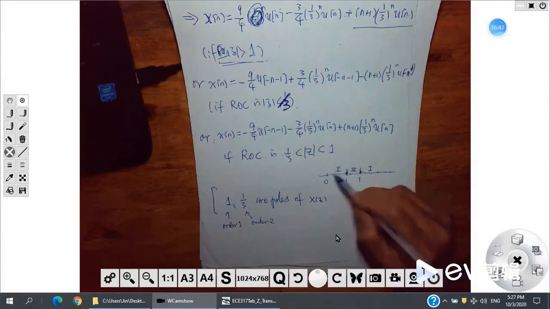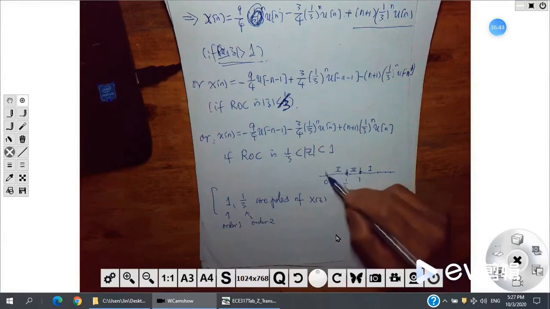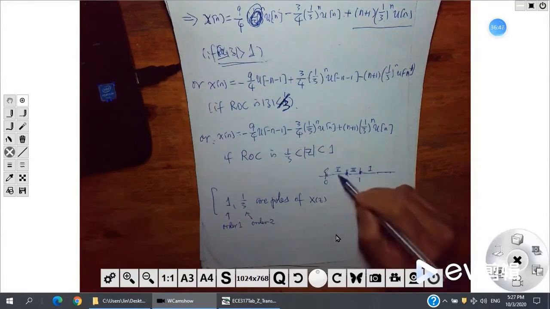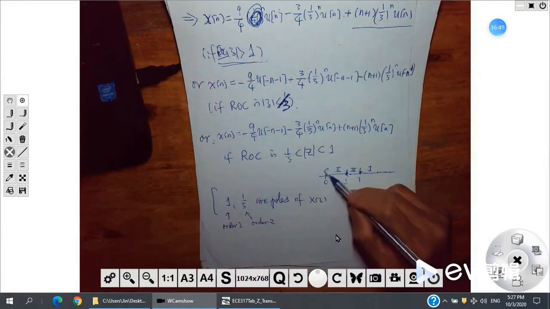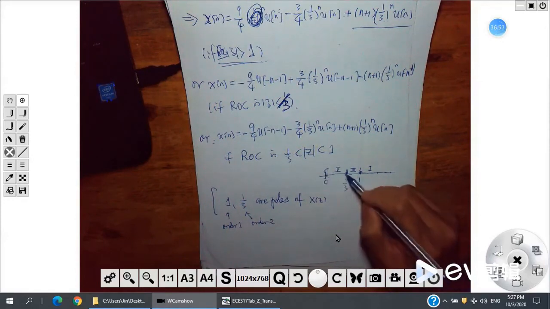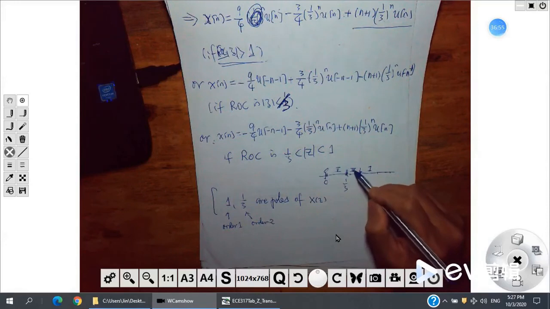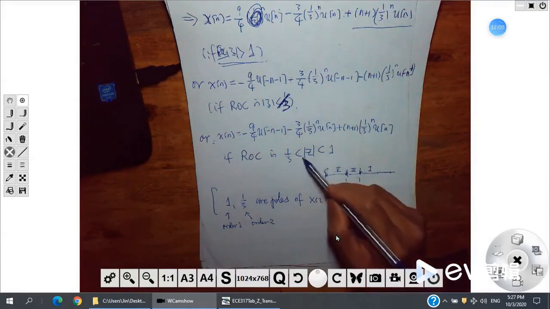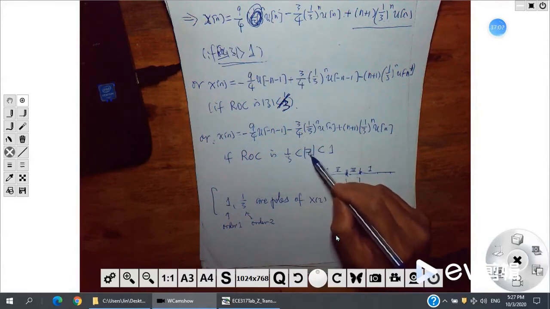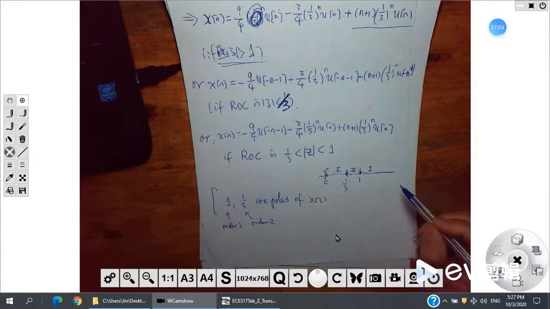The poles give several separated segments, not the whole real number line. It's the positive real numbers as segments. Then each segment corresponds to one possible ROC. Because it's the absolute value of z, it must be positive, so we only have positive values.